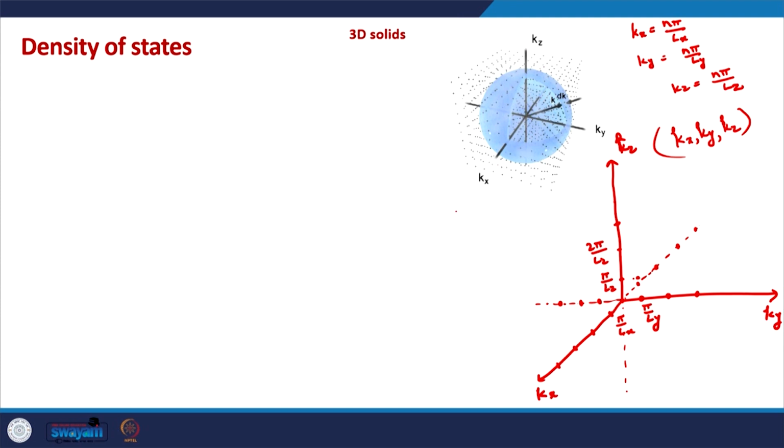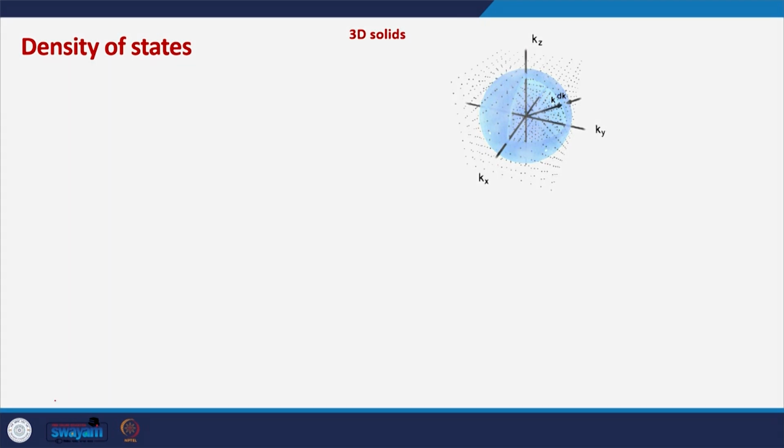So, this plot shows all the allowed k points in k space, and these are discrete points in this 3-dimensional k space. By their discreteness, and by visualizing the allowed solutions in k space, we can count the allowed number of electronic wave functions in the system.